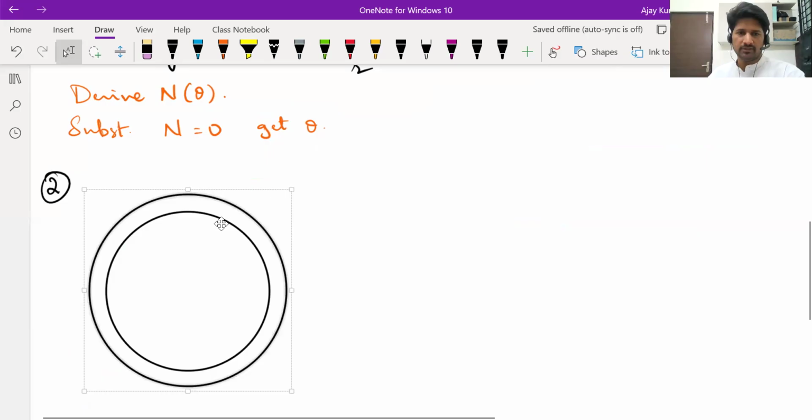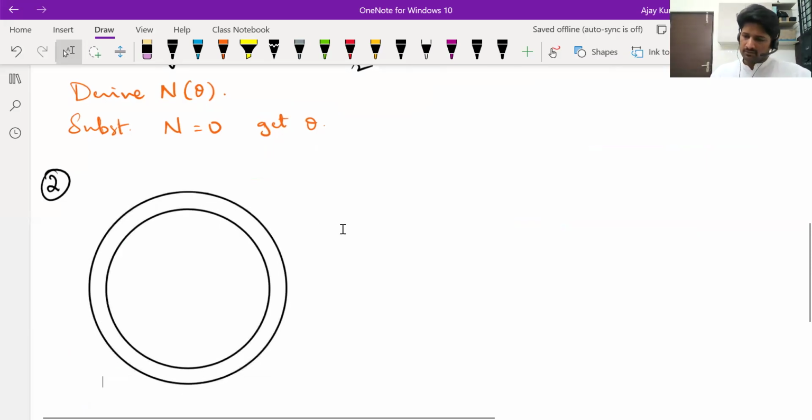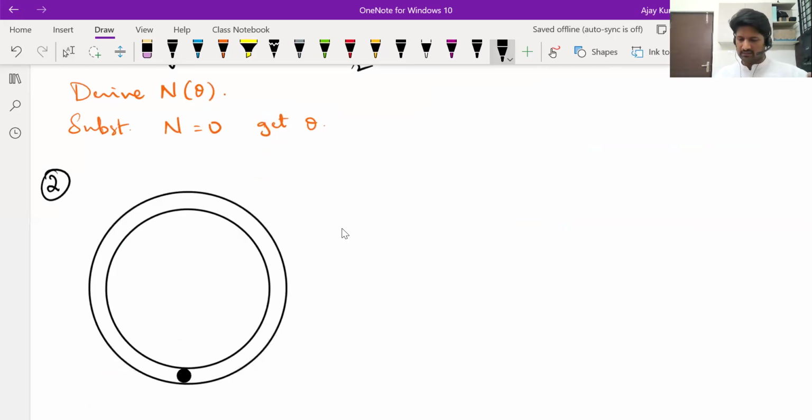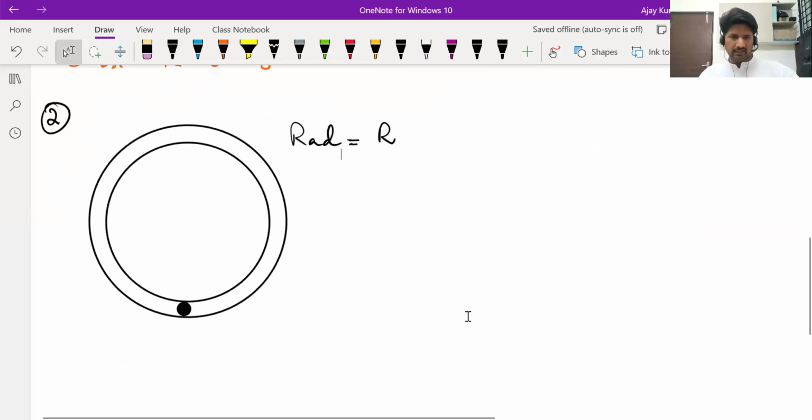Compared to its radius, the width is negligible. Assume there's a particle in this tube at the bottommost position like this. It's a smooth tube. Radius is r. Particle mass, you can take it as m. Let's say it's at the bottommost position.